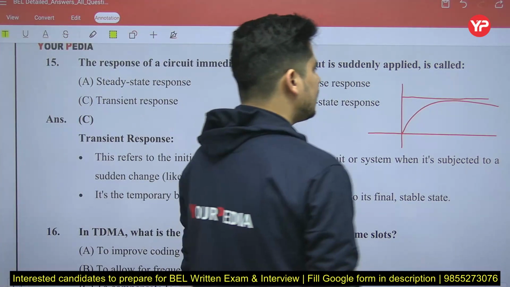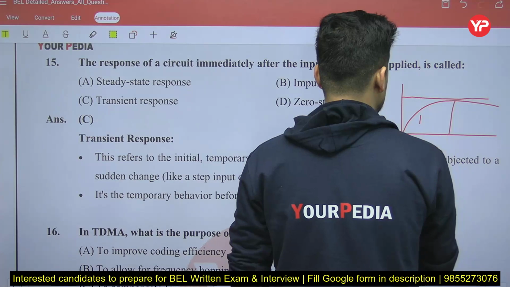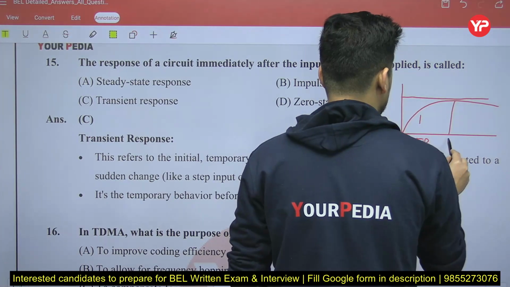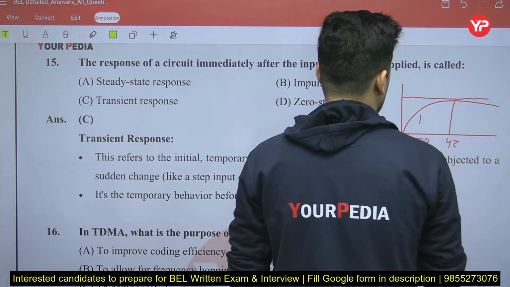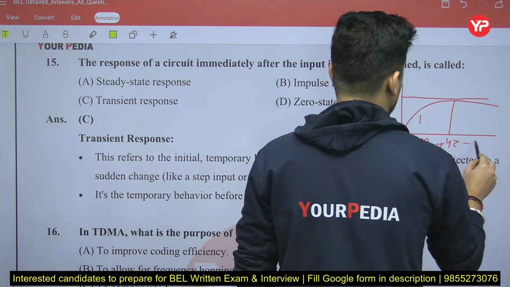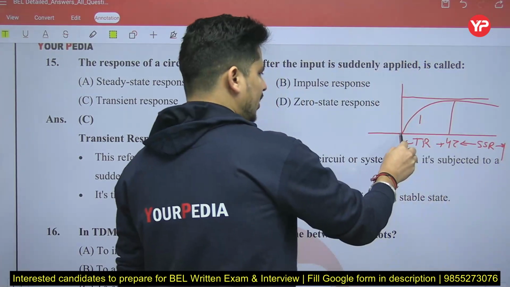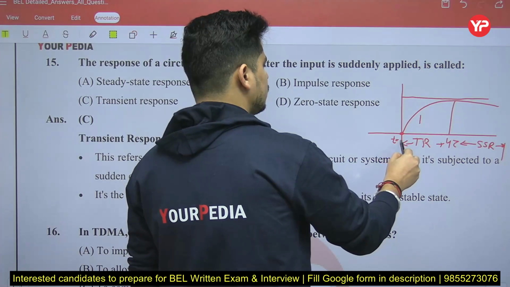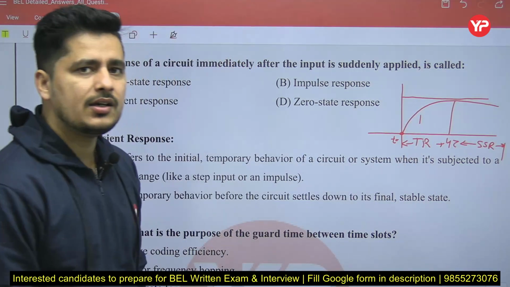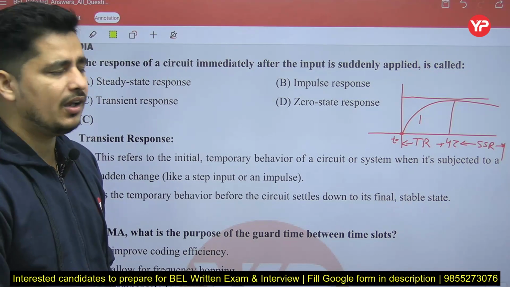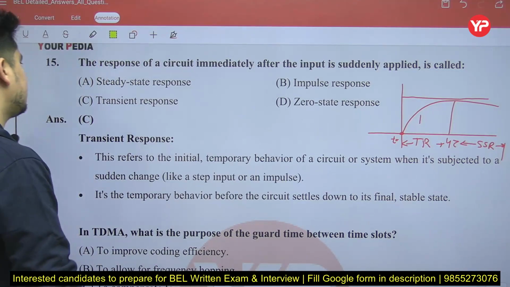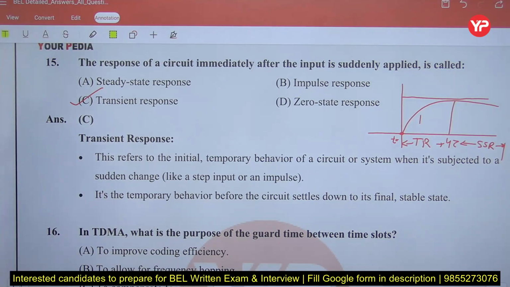So basically it will consist of two parts, that is transient response up to 4 tau, 4 time constants. After that we have a steady state response. So as I apply the input at t equals 0, immediately after applying the input, which type of response are we getting? That is transient response. So what will be the answer? That is transient response, right?